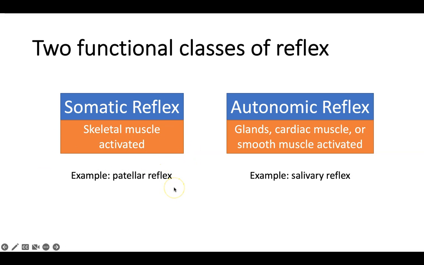And an example, again, would be that patellar reflex. An autonomic reflex is a reflex that involves glands, cardiac muscle, or smooth muscle activation. And an example would be you smell a favorite food, and you start to salivate. That's the salivary reflex. So these are the two functional classes of reflex.